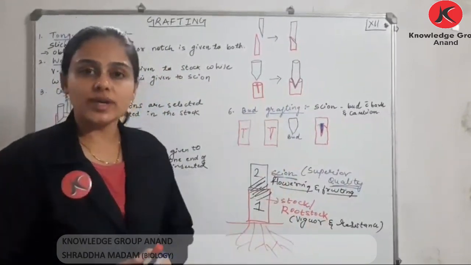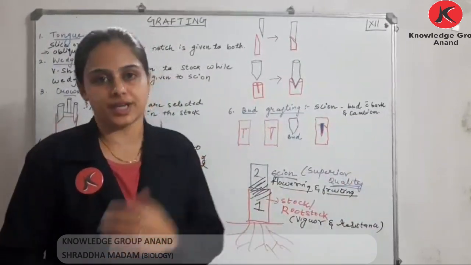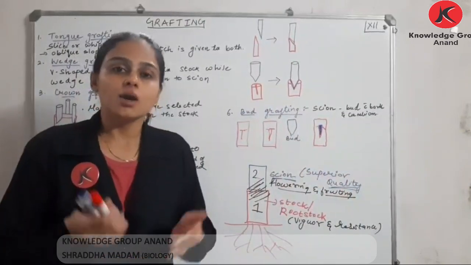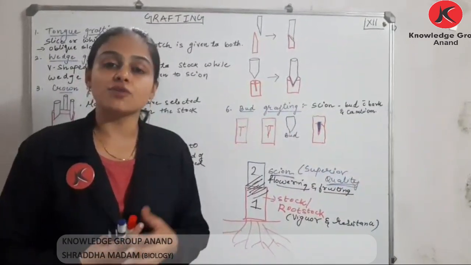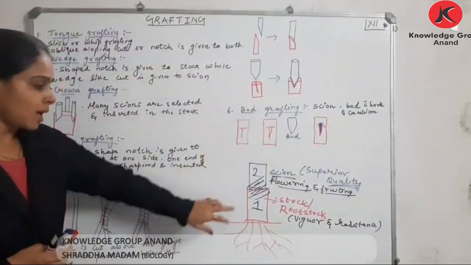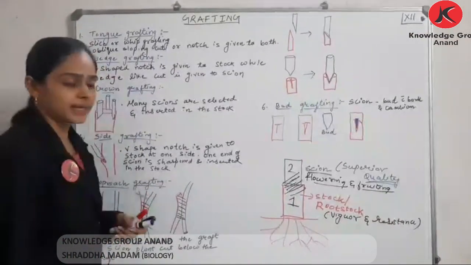Right? Now we are going to discuss different types of grafting. Okay, जैसे हमने discuss करा था different types of layering, we are having different types of grafting also, as I have mentioned over here. I hope you people have drawn this diagram, right? Pause your video for a minute and draw it, please.